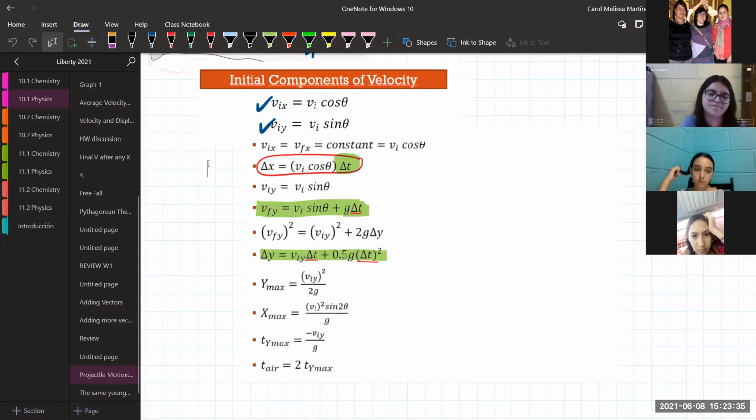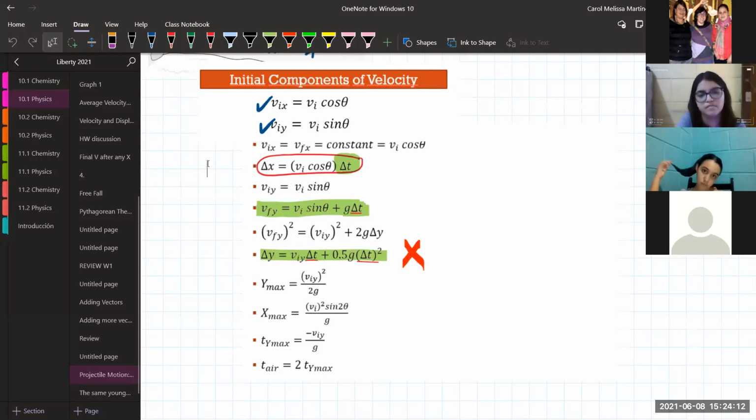The reason why I told you not to use this one is not because it's impossible, it's because it takes longer. I suggest not to use it unless it is absolutely necessary, because the time is raised to the second power. That means we have to isolate for the quadratic formula and find the time.